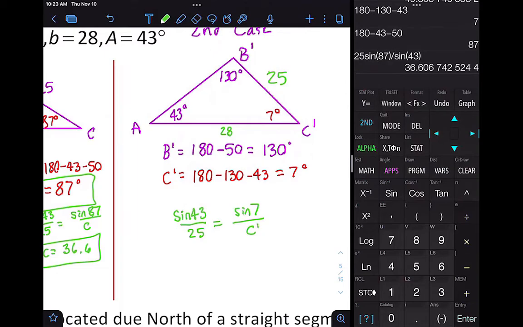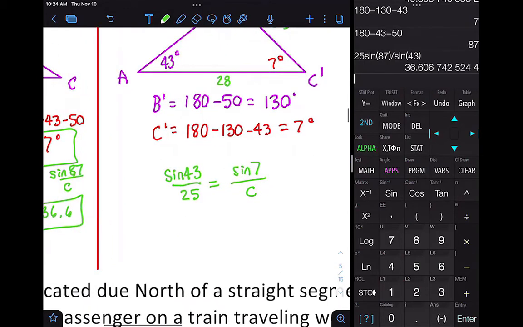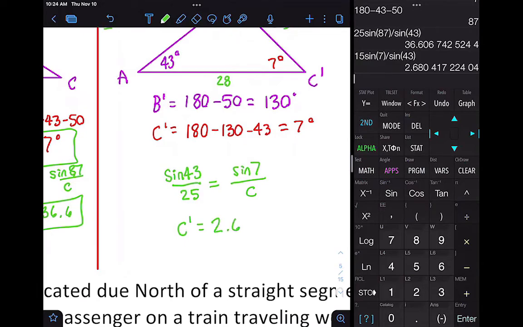Or you could just write it as C, since I might get confused and think that's a power of 1 or something. And then just cross multiply and divide again. Your second C side should be 25 sine of 7, and then divide by sine of 43. 2.6, actually 2.7 after you round up.